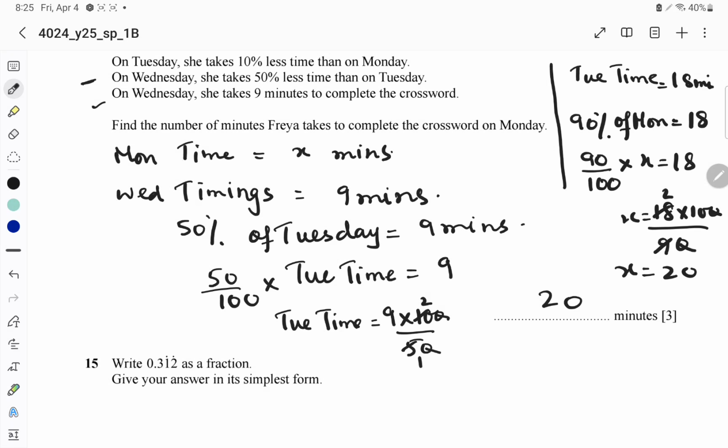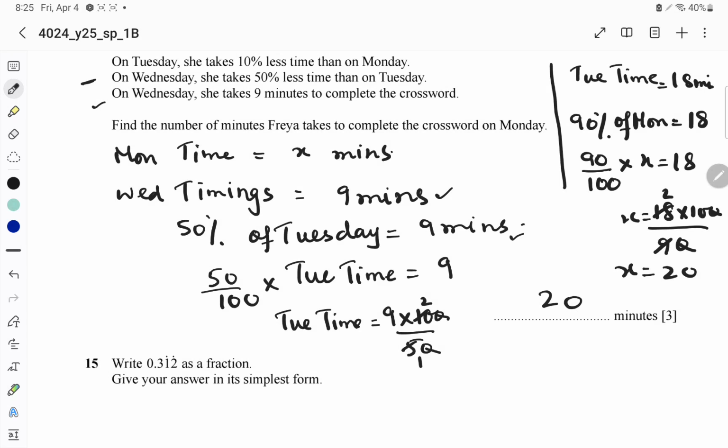I'm repeating the same question: find the number of minutes Freya takes to complete the crossword on Monday. Wednesday was 9 minutes. Then 50% of Tuesday is the Wednesday time, so Tuesday time is 18 minutes.